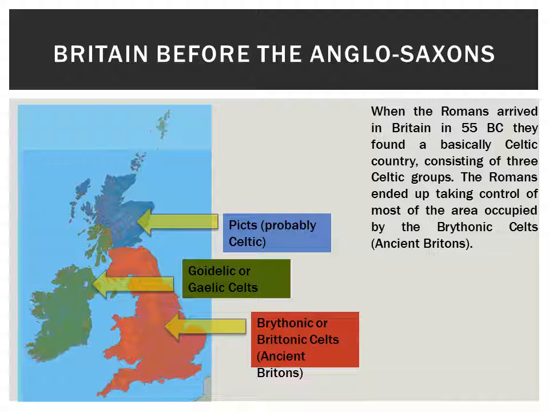So Roman Britain never really extended into Scotland. It never really extended into Ireland. It was mostly in this area. And the Romans were in control in that area for hundreds of years.